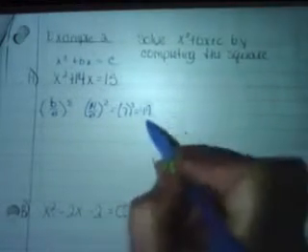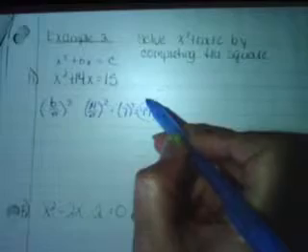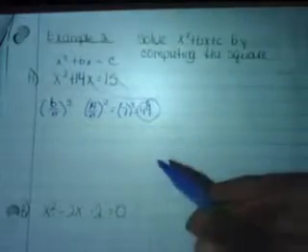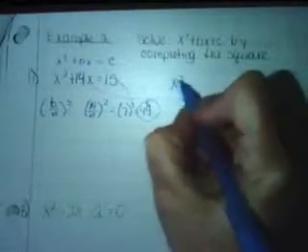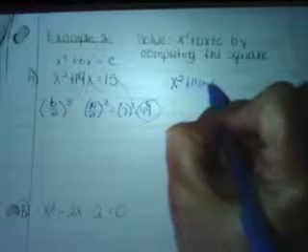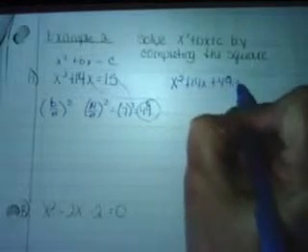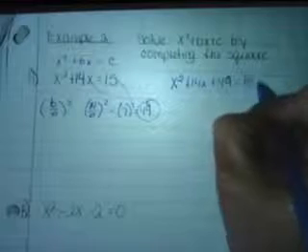So step 3 says complete the square by adding the 49 to both sides of the equation. So I'm going to have x squared plus 14x plus 49 equals 15 plus 49.